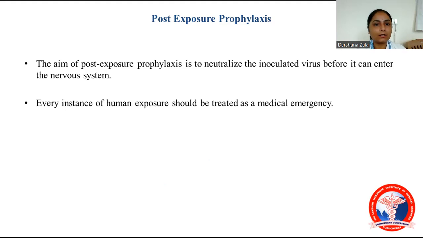So the virus has entered the body, but it should not reach the nervous system. Before it enters that irreversible stage, we give immunization as post-exposure prophylaxis. Every instance of human exposure should be treated as a medical emergency.